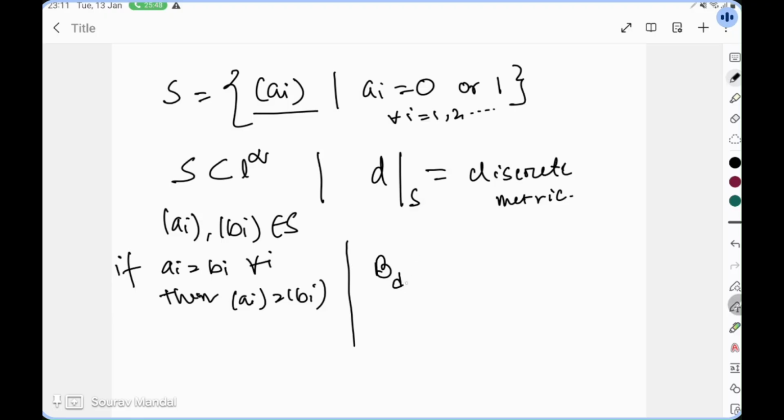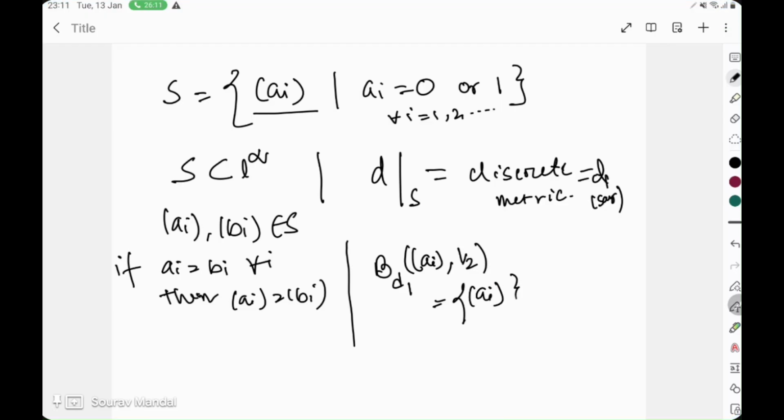Let it be D1, say. So if we consider the discrete metric, and if we consider the open ball centered at the sequence A_i and radius half, what will you get? Just A_i. So for distinct A_i's, you will get distinct open balls.